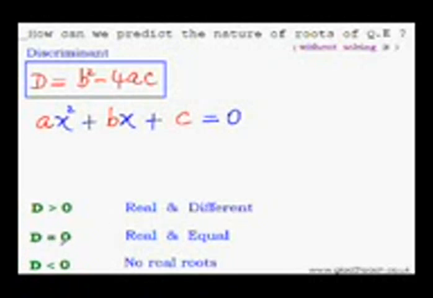When d is equal to 0, then the roots would be real but they would be equal. And when d is less than 0, that is a negative number, then that equation will have no real roots. In other words, you can say that it will have imaginary numbers as its roots.